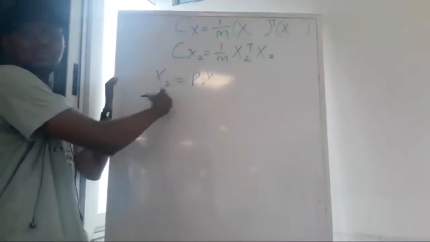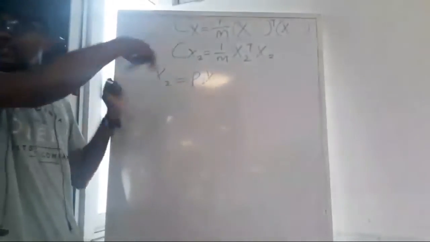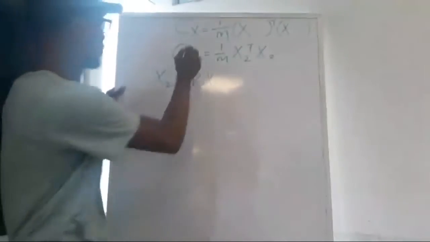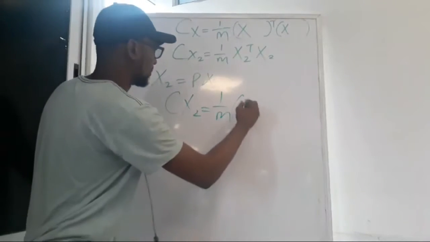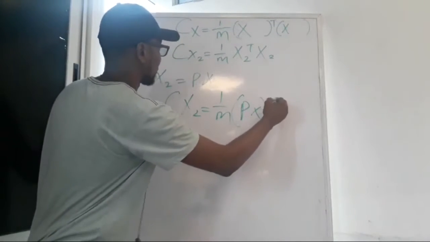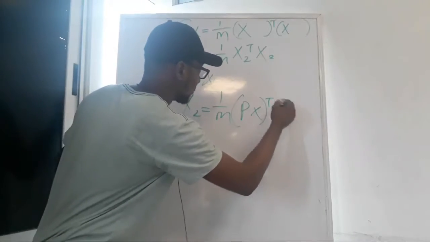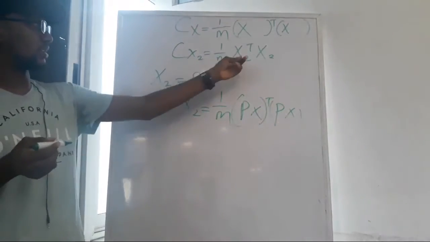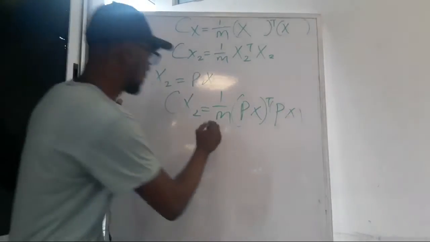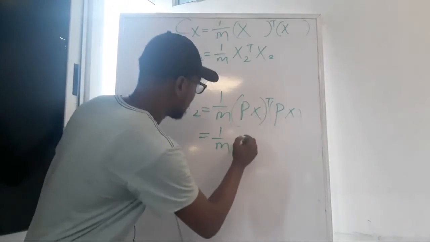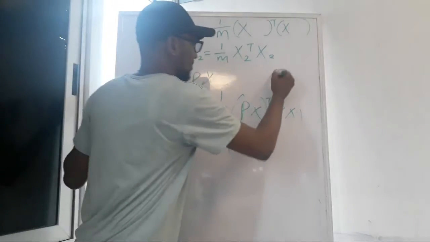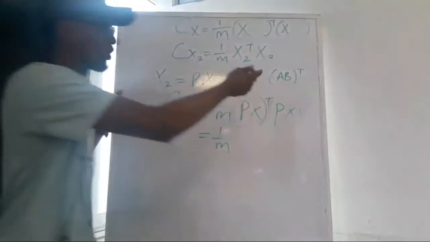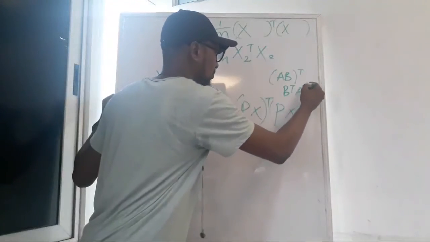Okay, so this x2 is the transformed feature matrix. Then you have 1 over m, then dx transpose, and you have dx again. This is just putting this guy here. If you have something like d transpose, that will become b transpose, a transpose.